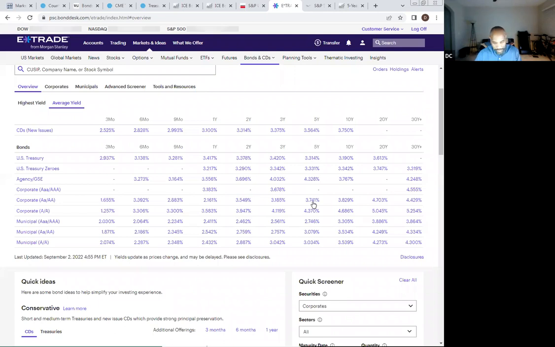So 3.74 minus 2.55 is 1.19, that's the effective inflation adjusted interest rate that you're getting. And is that worth the risk for a AAA bond? Well, it depends, or a AA bond, it depends.